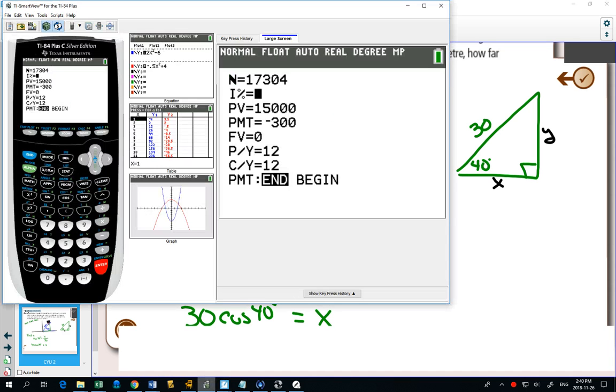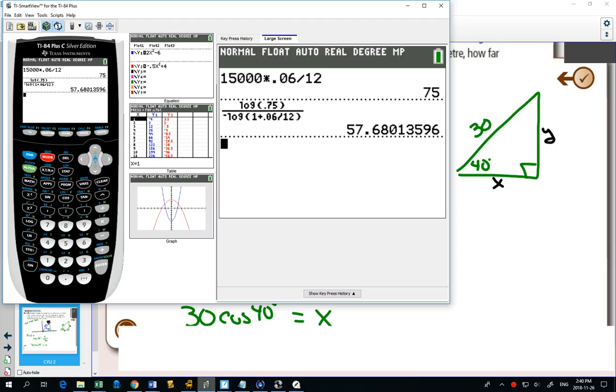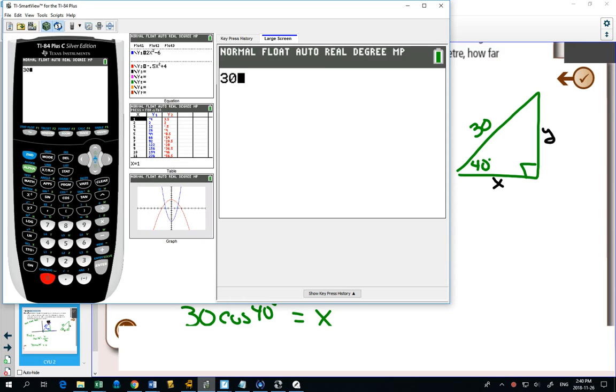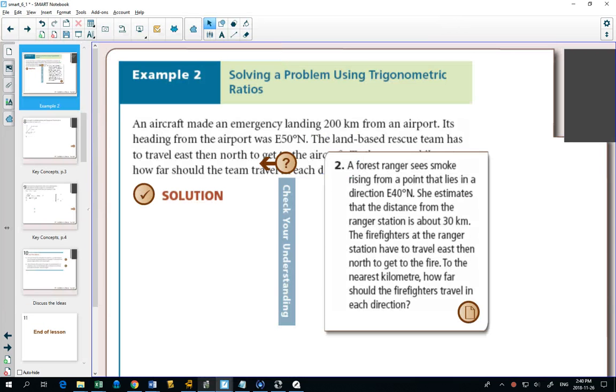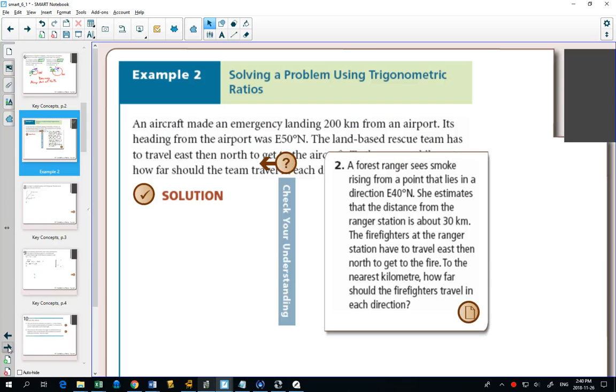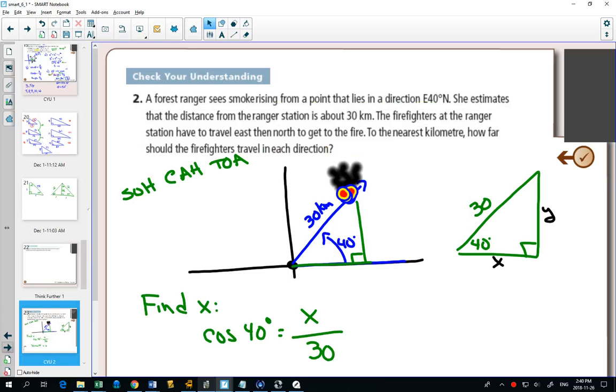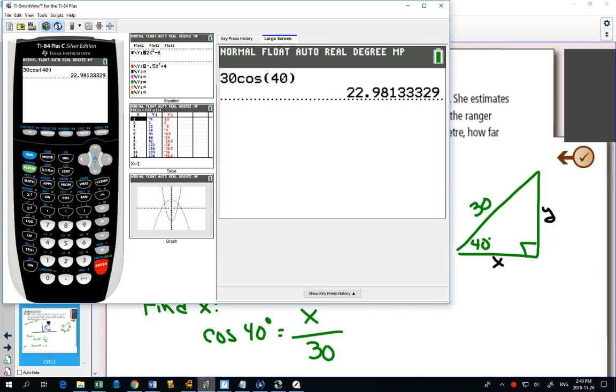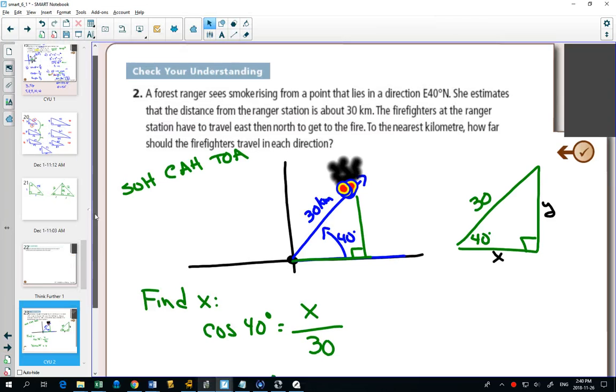Take out your calculator, and 30 cos of 40 degrees. 30 cos of 40 degrees is equal to 22.9, and we're supposed to go to the nearest kilometer, so 23.